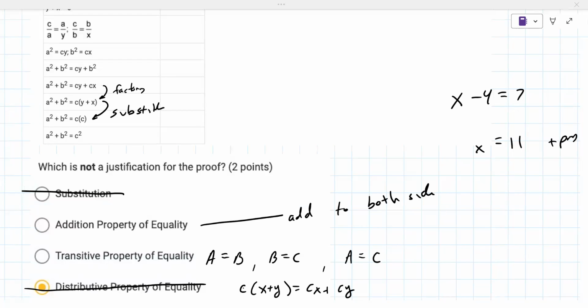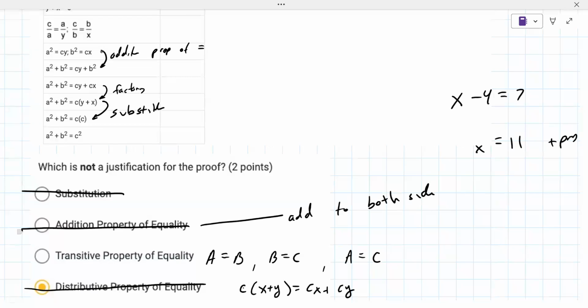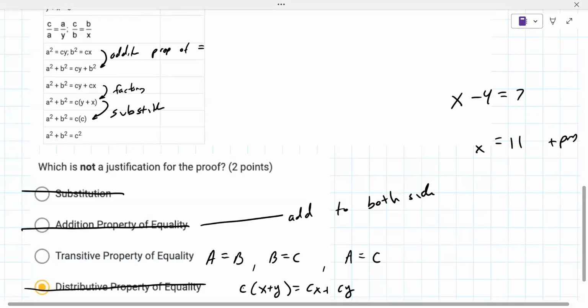So what's going on in this step here? They're multiplying both sides, and then they're writing. Oh, there's the addition property. There's the addition property of equality. Okay, there it is, sorry. This is the addition property of equality. Got it. Okay, although I don't really like it, but that is definitely it.